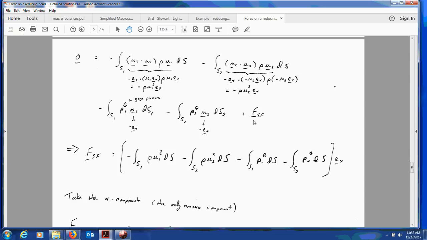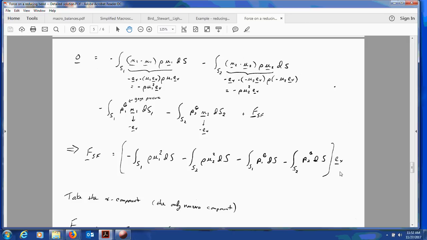So, keeping this here and bringing the other four terms to the left-hand side, we find that F_SF is equal to minus the integral over S1, rho u1 squared dS, minus the integral over S2, rho u2 squared dS, minus the integral over S1, pressure 1 gauge dS, and minus the integral over S2, pressure 2 gauge dS, all times the x unit vector.